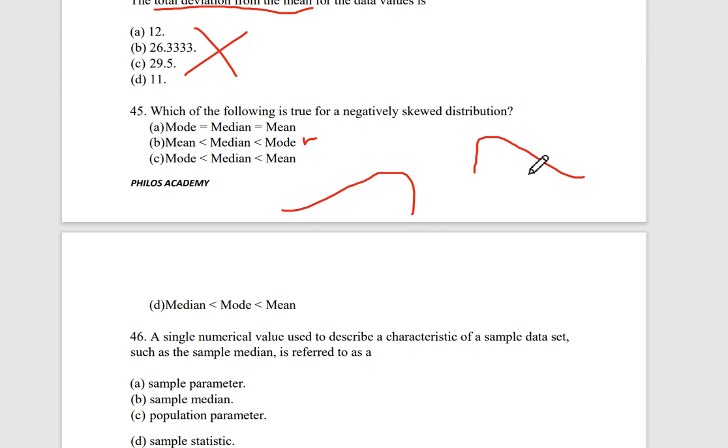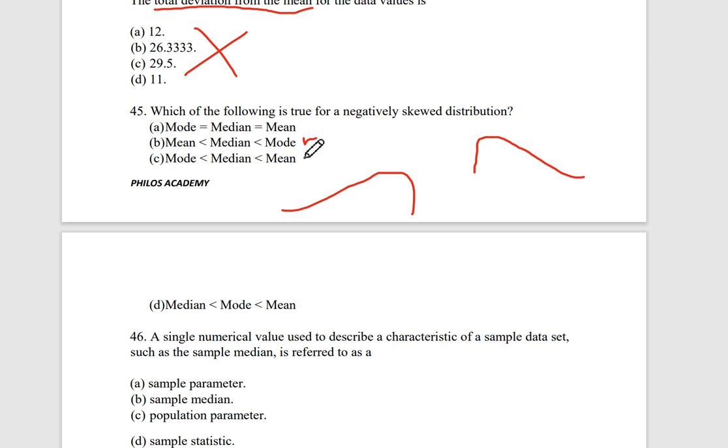Another name for right skewed is positively skewed distribution, and another name for left skewed is negatively skewed. In a positive skew, the mean is greater than the median, and the median is greater than the mode. But in a negative skew, the one that skews to the left, the mean is less than the median and the median is less than the mode.